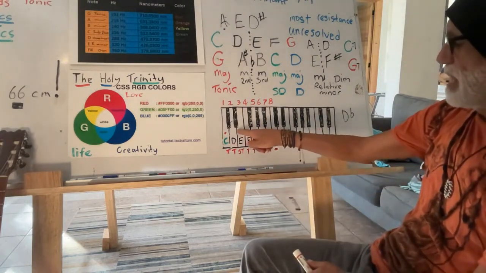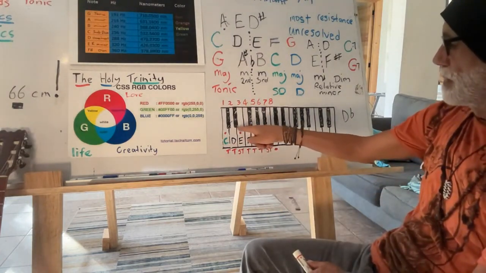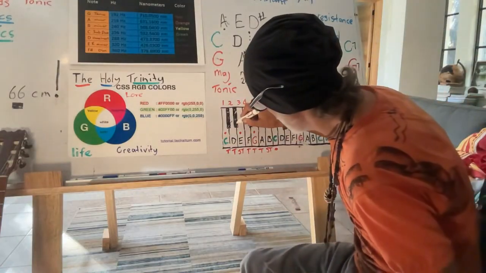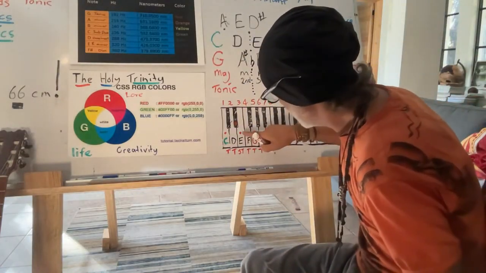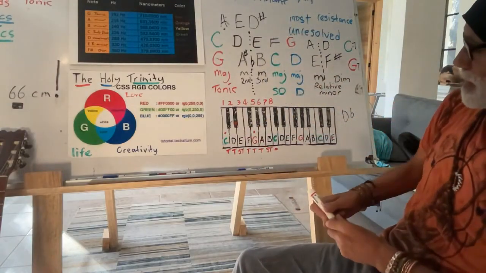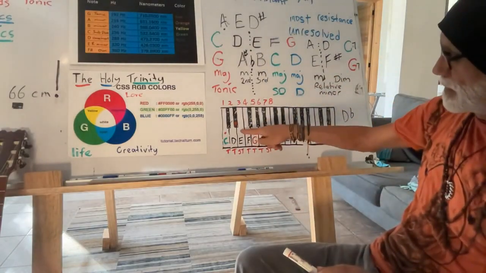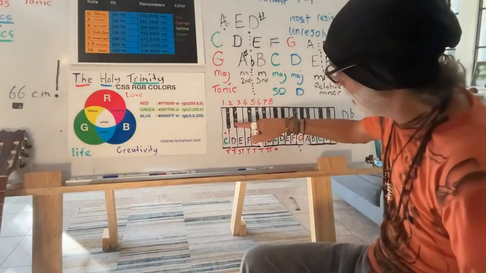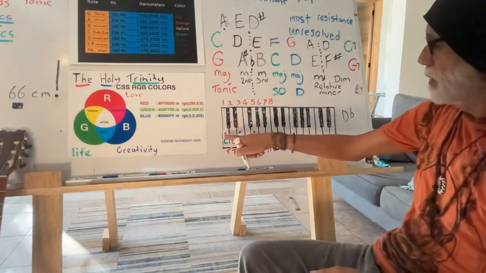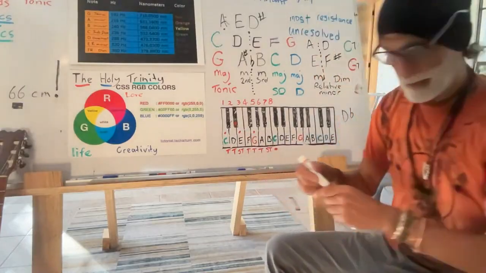But you have to flatten the third. So now what we've got is C minor. Right? Because over here you had two major triads.